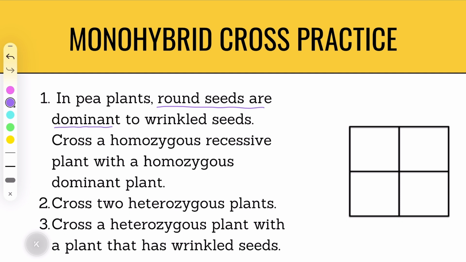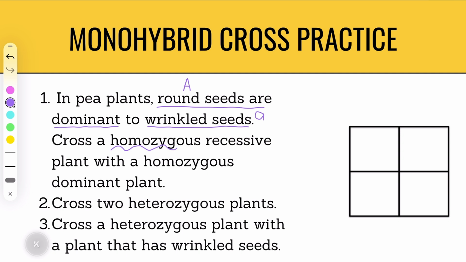So that lets me know I need to use a capital letter in order to designate round seeds. So I'm just going to use the capital letter A. And wrinkled seeds are recessive if round seeds are dominant.